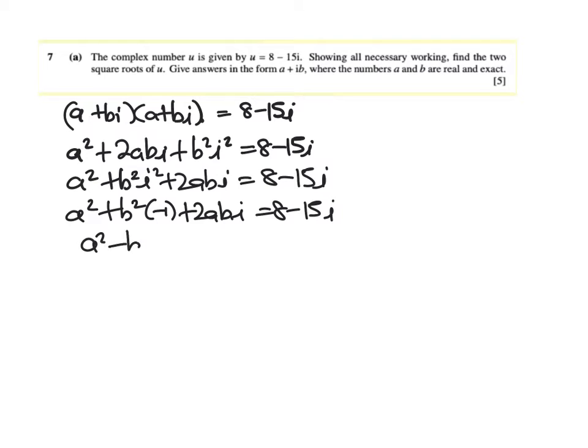So a square minus b square plus 2abi equals 8 minus 15i.